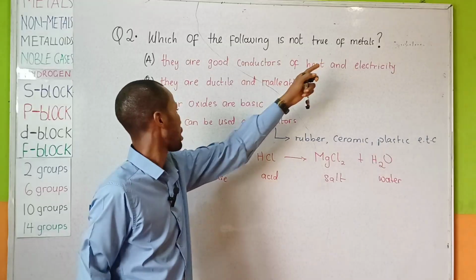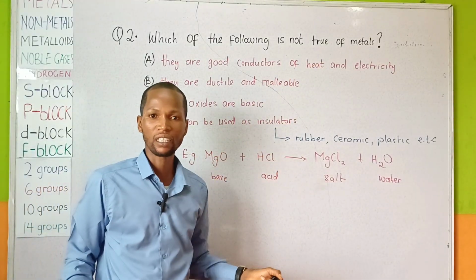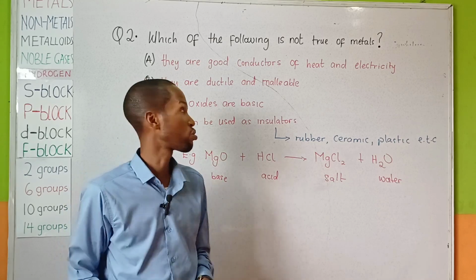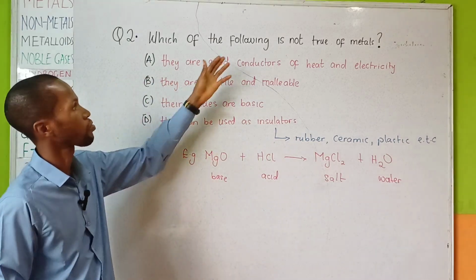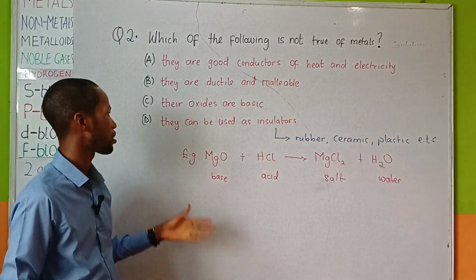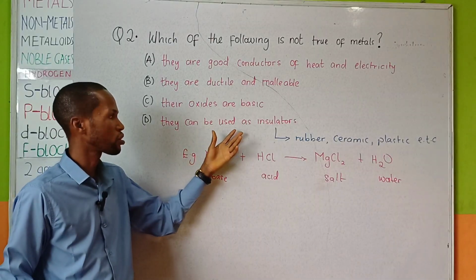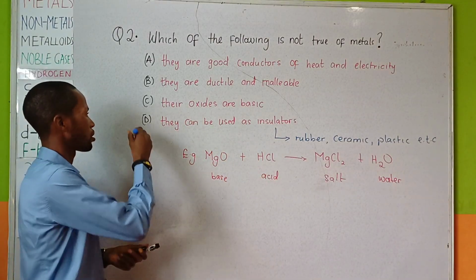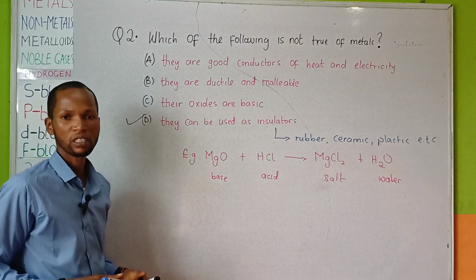Therefore, metal cannot be used as an insulator. Make sense? So for question number 2, which of the following is not true of metals? They can be used as insulators is incorrect. So the right option is option D for question number 2.